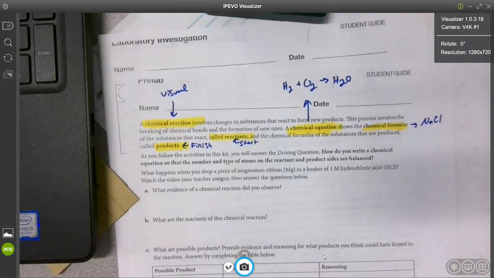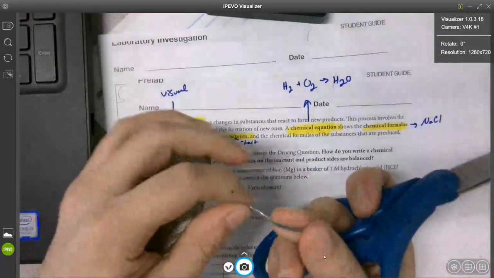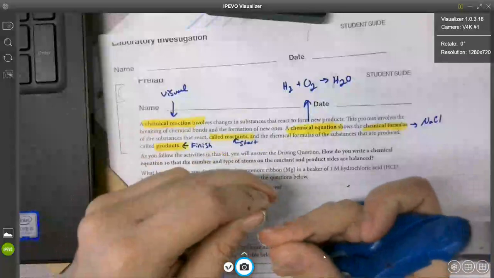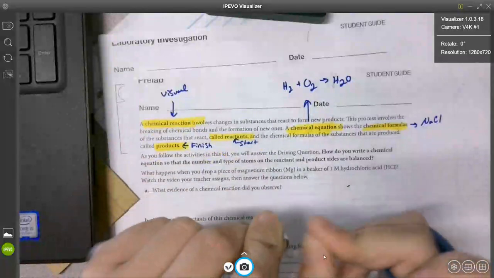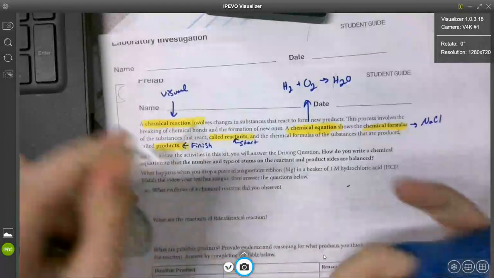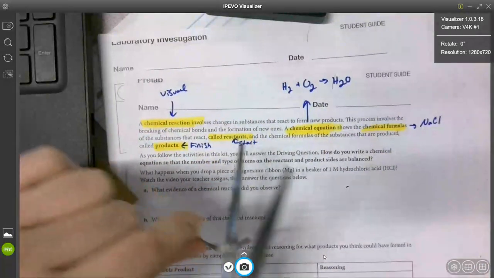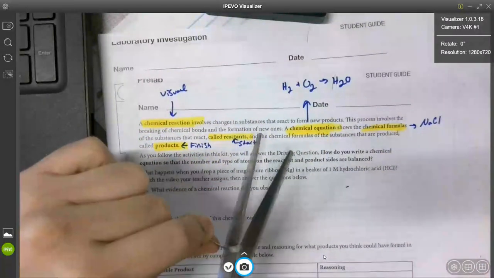So let's go ahead. As we go through the following activity, I am going to be putting together magnesium, which is kind of like aluminum. It's just right here. It's bendable, it's foldable. You can twist it and you can cut it. There we go.